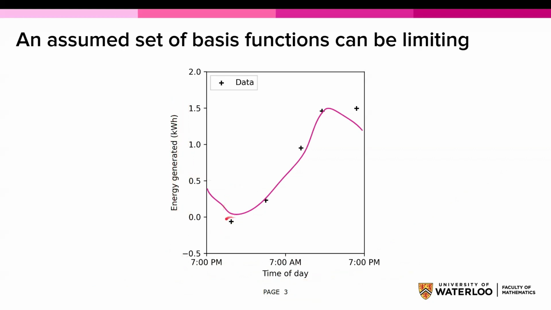The observed data points were these black plus markers, and the true underlying function was something like this smooth magenta curve. Crucially, in part A, we actually knew what the form of this true underlying function was. We had access to what those nonlinear basis functions were. In general, that doesn't tend to happen in real life all the time.